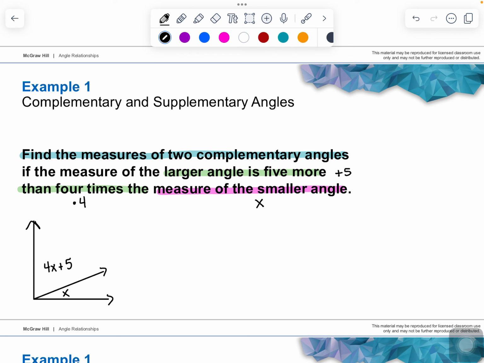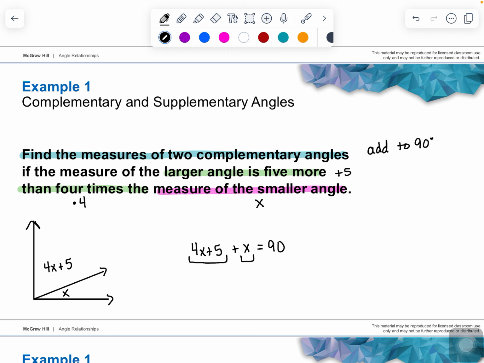So in order to do this, we know that the two complementary angles must add to 90 degrees. So that's what we're going to do. We're going to say that 4x plus 5, that's angle 1, plus the other angle, angle 2, must equal a total of 90.